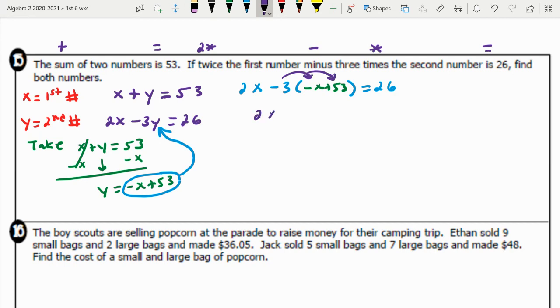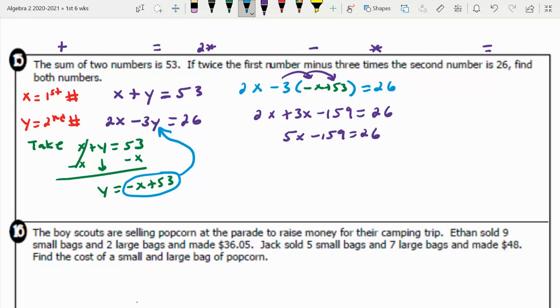Okay, so we got 2x, negative 3 times negative x is a positive 3x, and then negative 3 times positive 53 is going to be a negative 159, equals 26. Combine 2x and 3x, we get 5x equals 26.